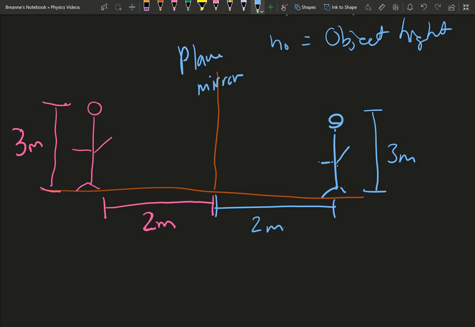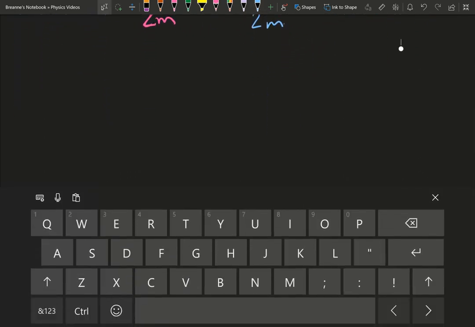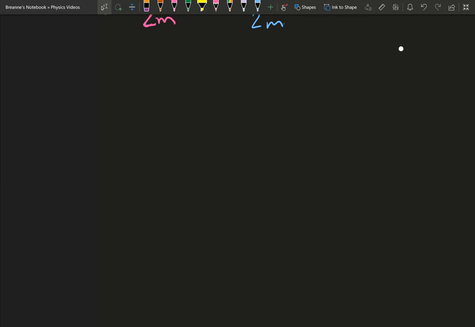For a plane mirror, everything is going to be the same. That's why we use plane mirrors to check ourselves out, because what you see is what you get.